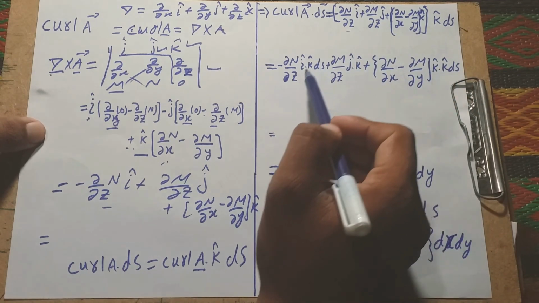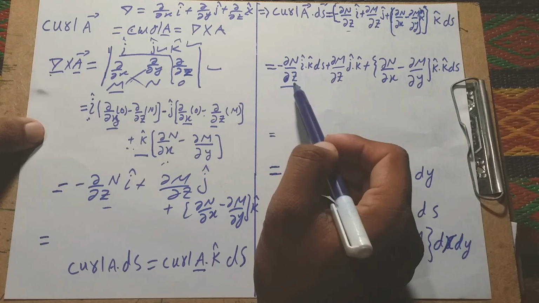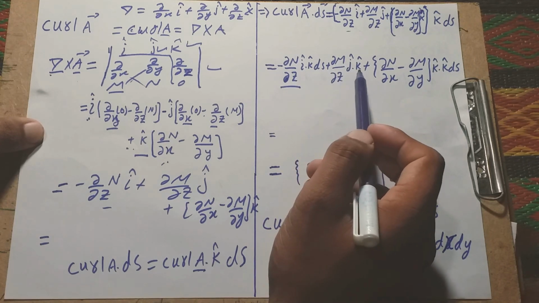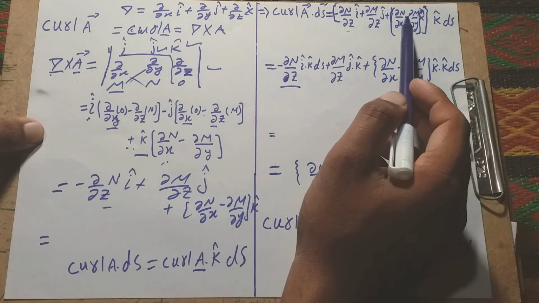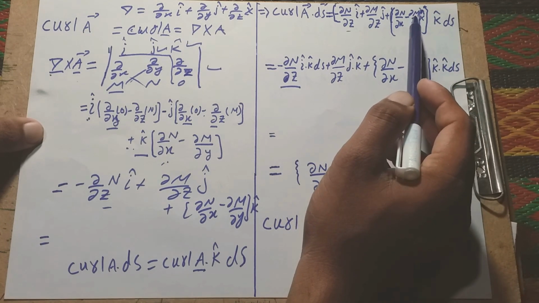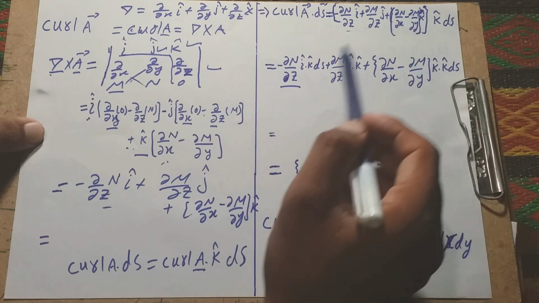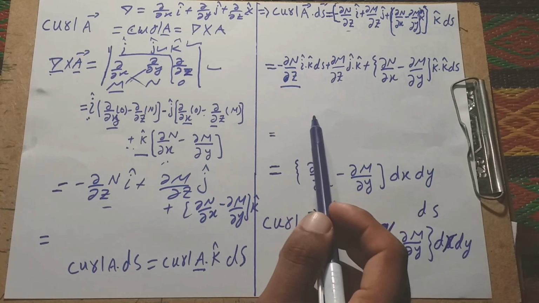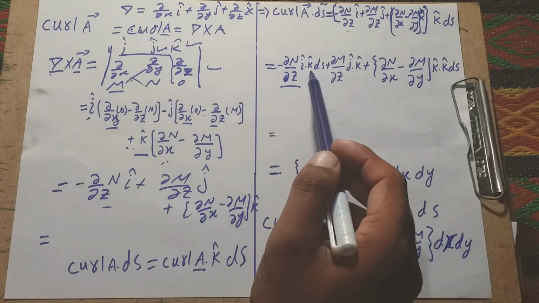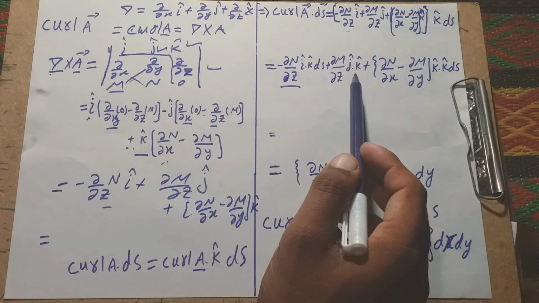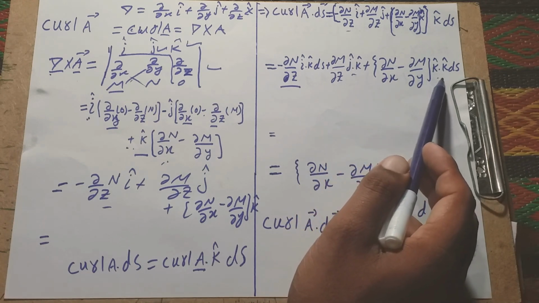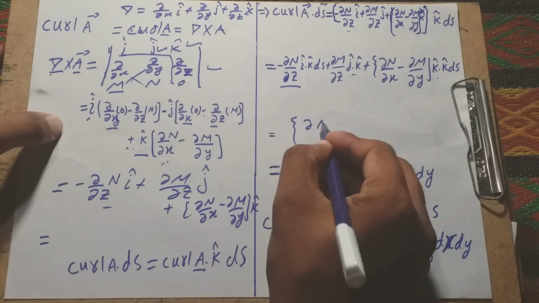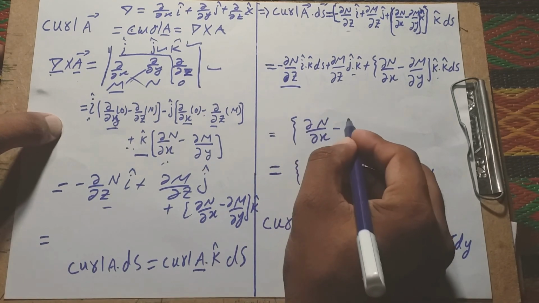We obtain partial over partial z i dot k dS, plus j dot k, and with this partial N over partial x minus partial M over partial y k dot k. Here i dot k, the angle between them is 90, is equal to 0, j dot k is also 0, and only k dot k gives answer 1.